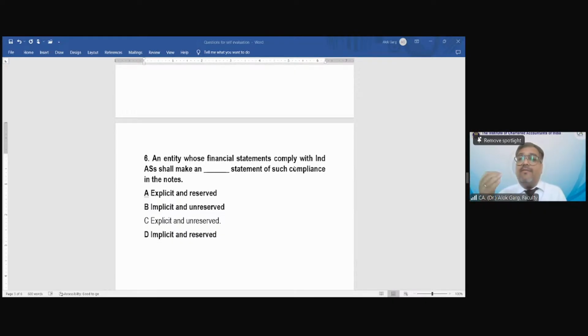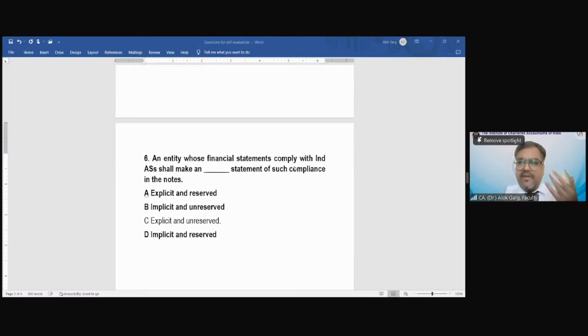And if other Ind AS require specific disclosures like related party disclosure, segment reporting, capital commitment, contingent liability, post balance sheet date events, actuarial disclosure, these all are required to be part of the notes to accounts.